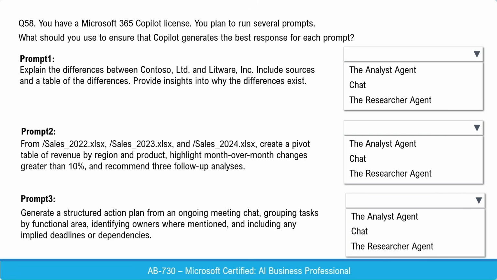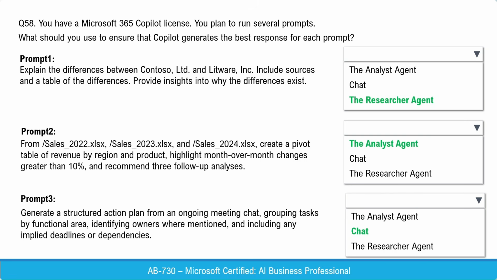Please go through the question by pausing the video over here. And the correct answers are: for prompt 1, the researcher agent; for prompt 2, the analyst agent; and for prompt 3, chat.